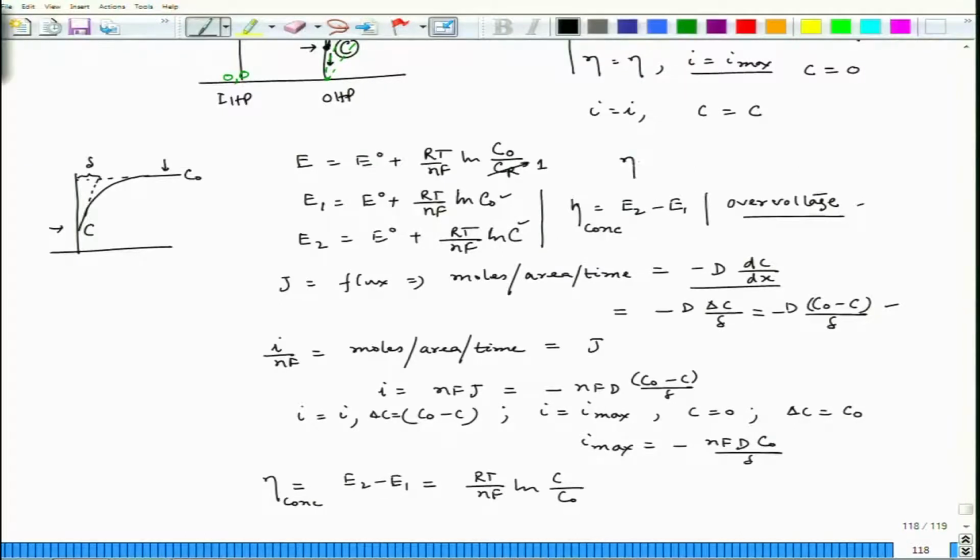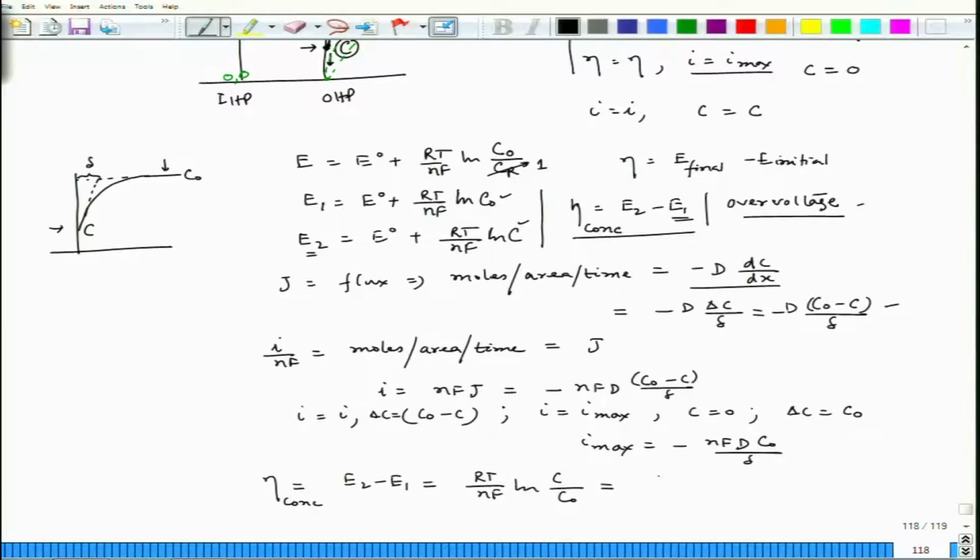So, the overvoltage should be E final minus E initial. Here this one is the initial potential when the concentration of metal ion at the interface is C 0, and this particular is the final. So, that is what the overvoltage is, E 2 minus E 1.